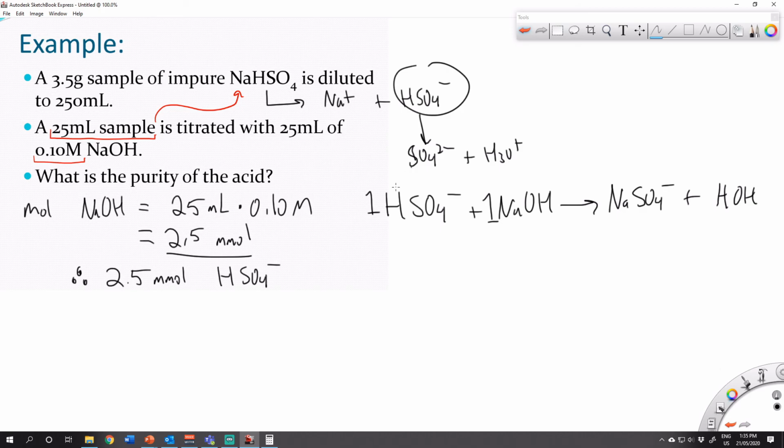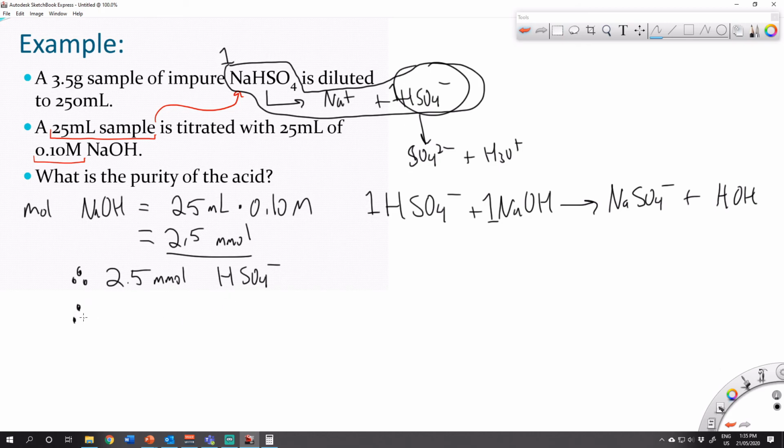Now, based on this information and looking back at our dilution equation, actually this whole thing here is not a dilution equation but a dissolving equation. How does the dissolving of HSO4 minus coincide with the NaHSO4? Well, it appears to be another 1-to-1 ratio.